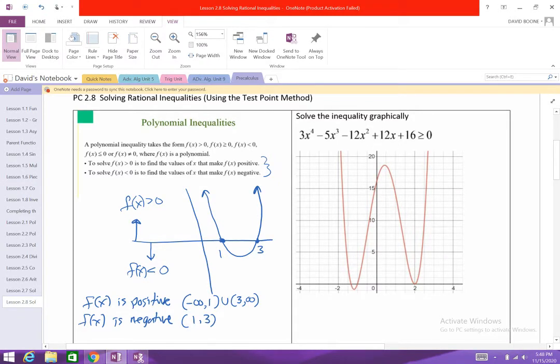So let's get a little practice here. If I were to solve this inequality graphically, we could certainly put this in Desmos and graph this. But if I'm looking to see where it's greater than or equal to 0, I'm looking to see where this graph is positive. And that's all the places that are above the x-axis.